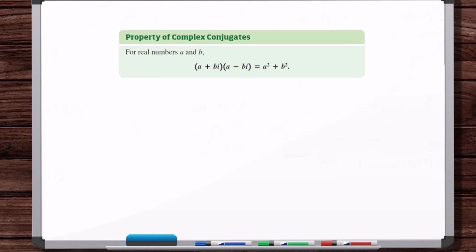Now, when it comes to dividing complex numbers, it's not quite as straightforward. So if we want to divide the complex numbers 5 minus 3i and 2 plus 4i, well, you can see, when it came to multiplication, we just distributed, right?